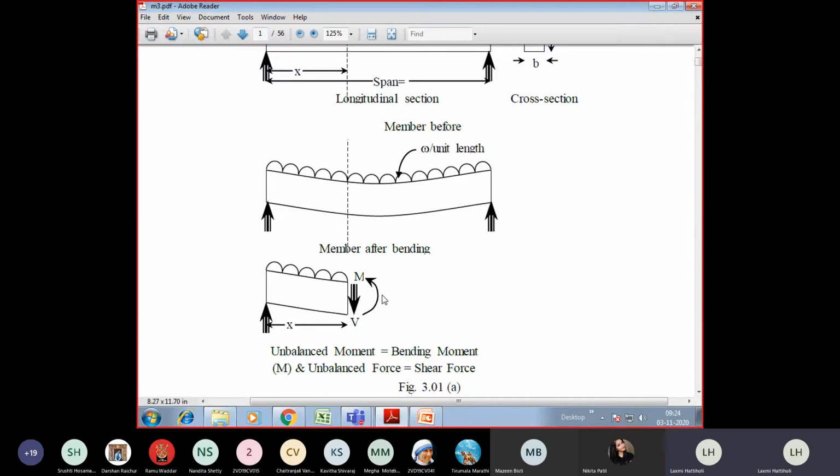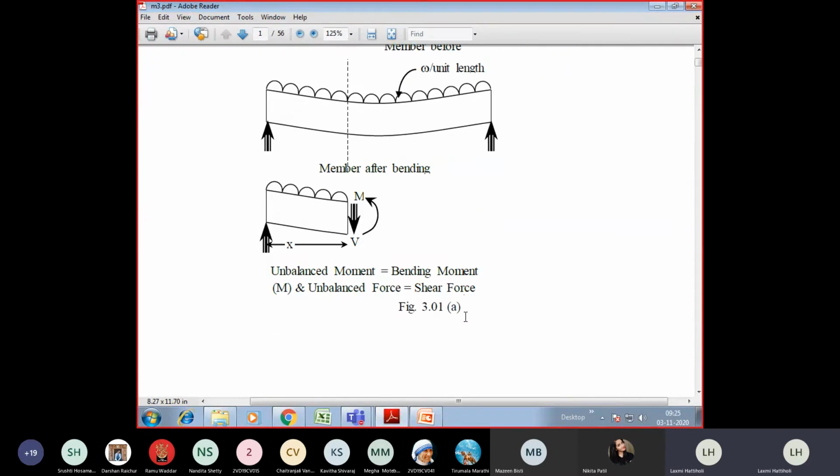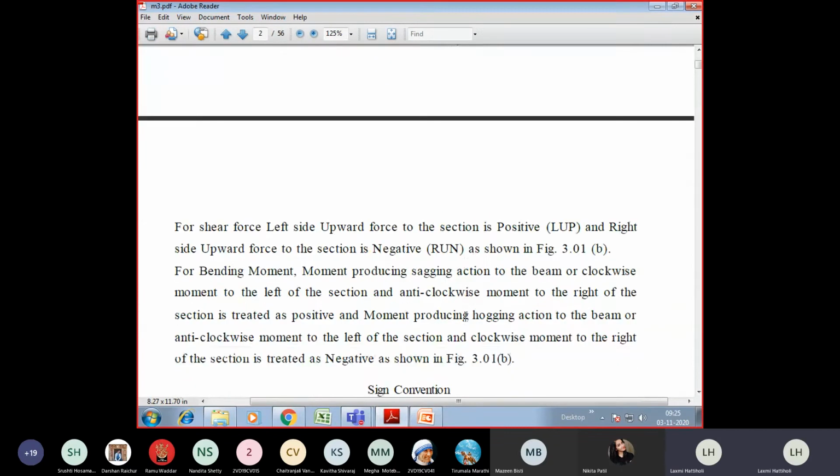Now this unbalanced force is nothing but the shear force, that is V. And similarly, this unbalanced moment which has been generated throughout the section, that itself is bending moment M. Okay, so you can see here at the bottom, unbalanced moment is bending moment M and unbalanced force is shear force V. Okay, so I hope this concept is clear to you.